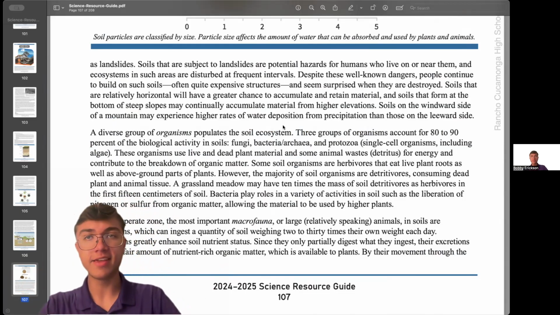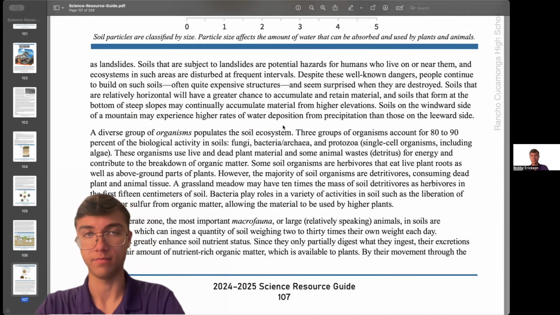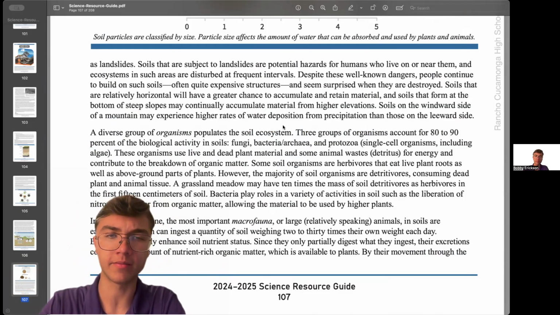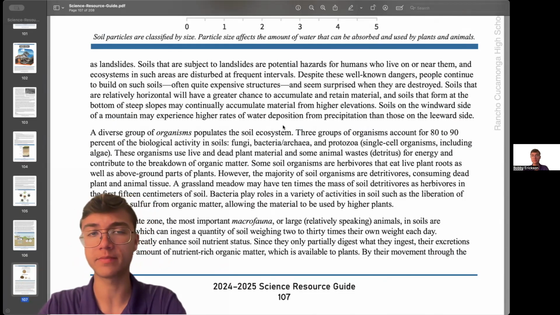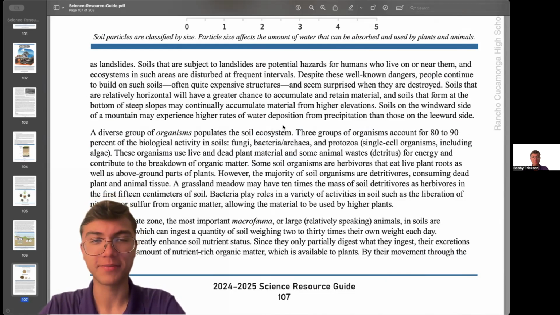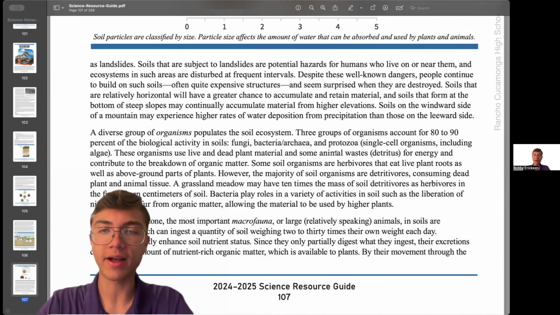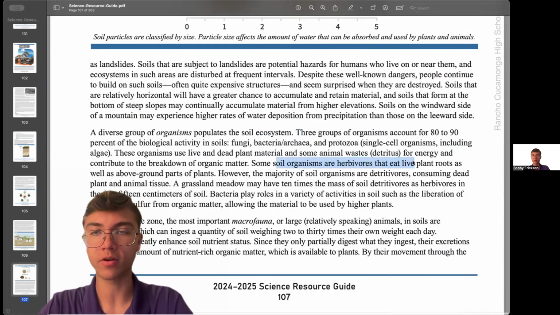Well, these organisms make some energy from the poop of other organisms. How tasty.